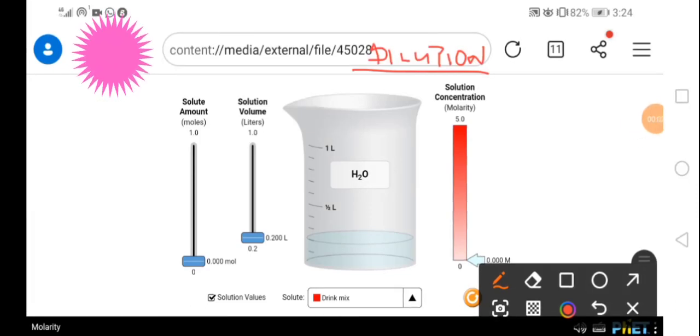Dilution. This is the subtopic I am going to be discussing in this demonstration before I start calculating some questions on dilution. The purpose of this study is just to expose us to what happens when we are diluting the chemical substance.